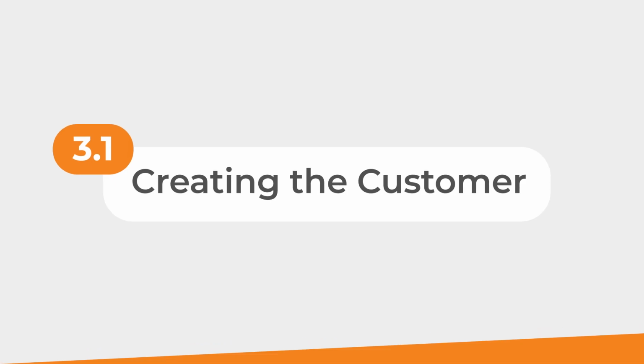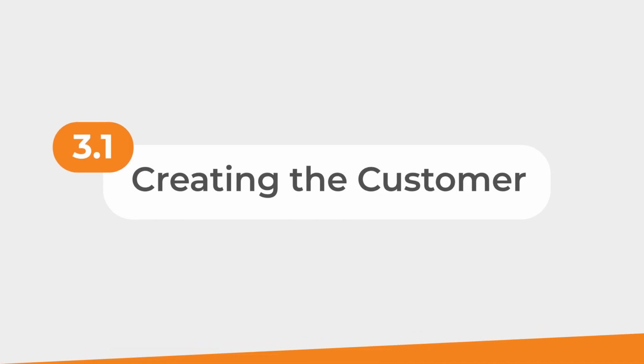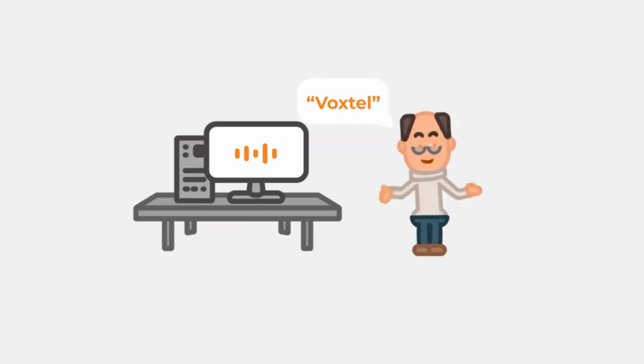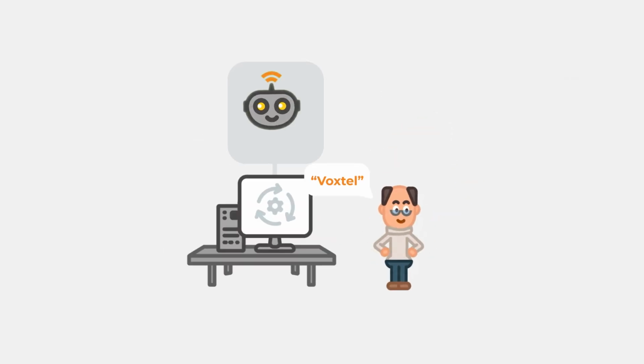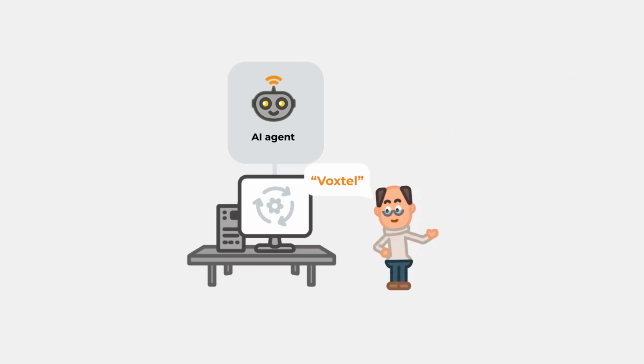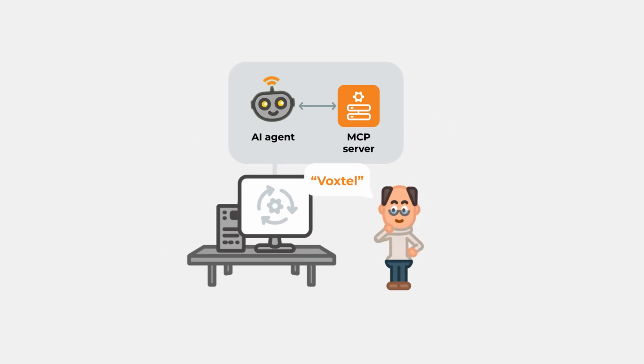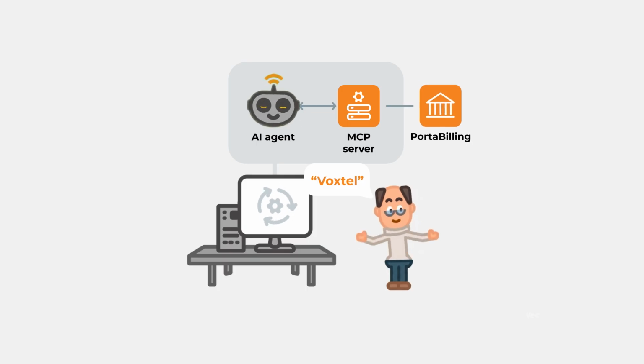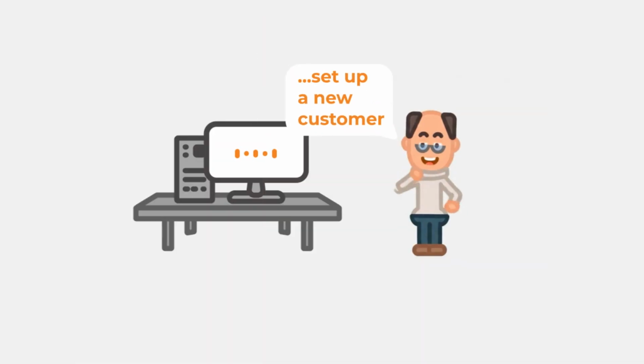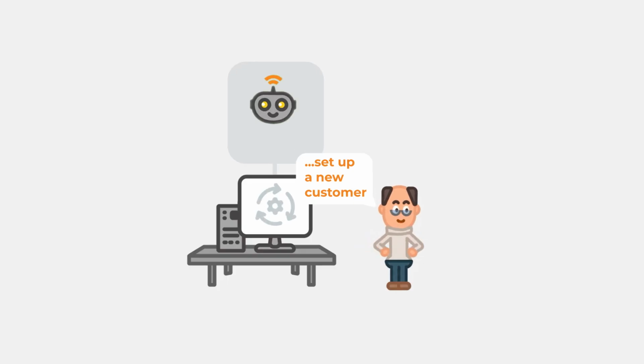First, I asked the agent to check if we have any customer records named Voxtel. The AI agent used the MCP server to confirm that no such records exist in PortaBilling. Then I said I needed to set up a new customer, and the AI agent recognized this as a customer creation task.